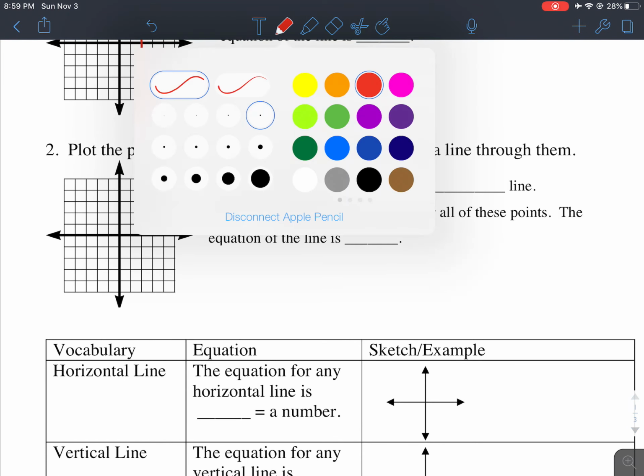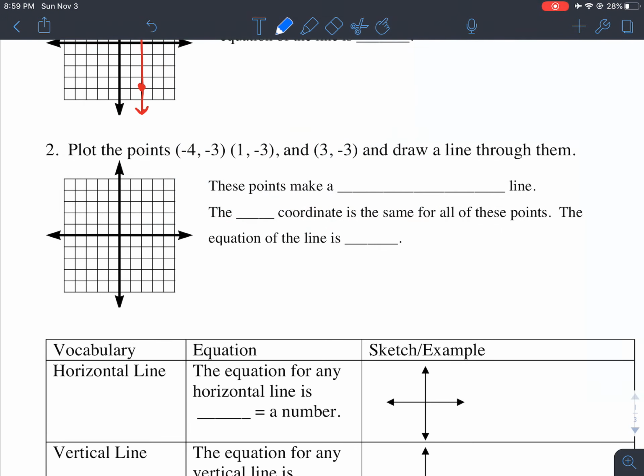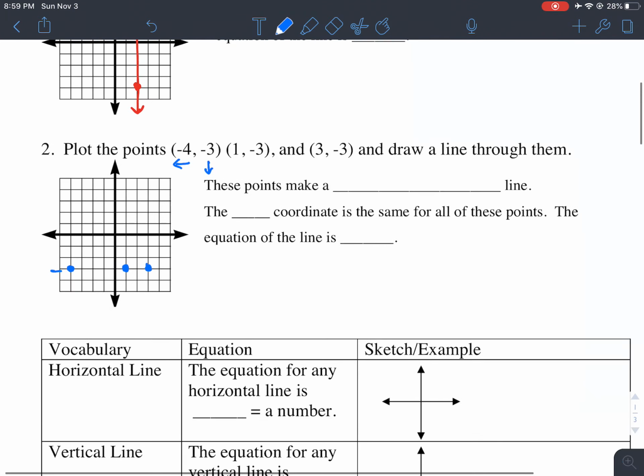For example 2, it's done similarly, but with a new set of points. We've got (-4, -3), which means we're going to go to the left 4, down 3. (1, -3), 1 to the right, down 3. (3, -3), 3 to the right, down 3. And draw the line through them.